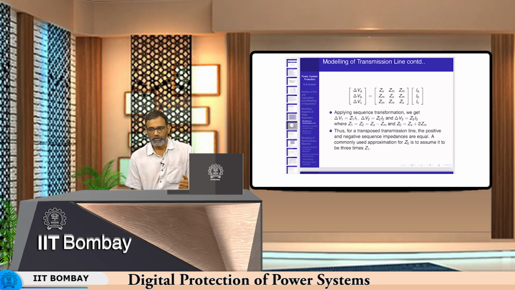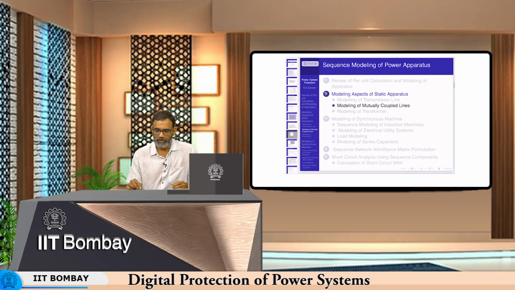Now, also because of the variable nature of the soil resistance, etc., it is not very easy to determine the zero sequence parameters a priori in terms of calculations. It has to be determined using tests. And that is why the design values may not be very accurate. They can be off by 10-15% also, which is not the case with positive and negative sequence impedances. The design values can be fairly accurate.